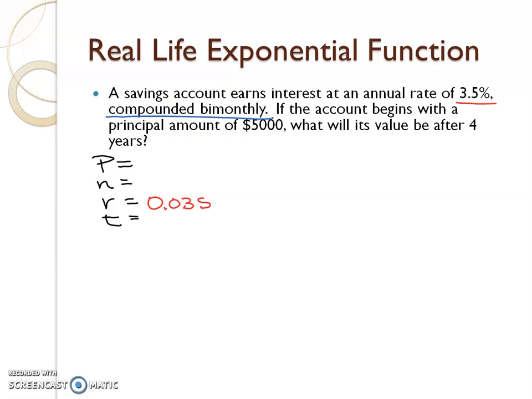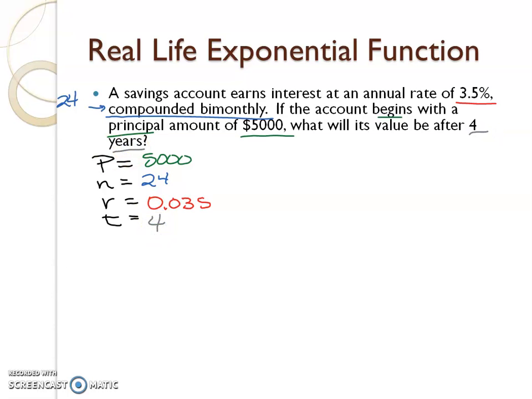So twice a month it's compounded. That would mean 24 times because there are 12 months. Doing it twice a month, you get 24. So our N would be 24 on this. The account begins with a principal of 5,000. Okay? What is the value after 4 years?